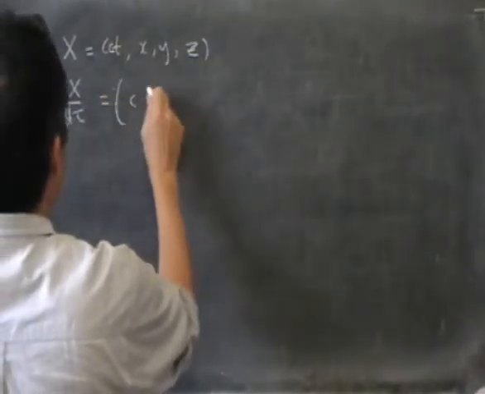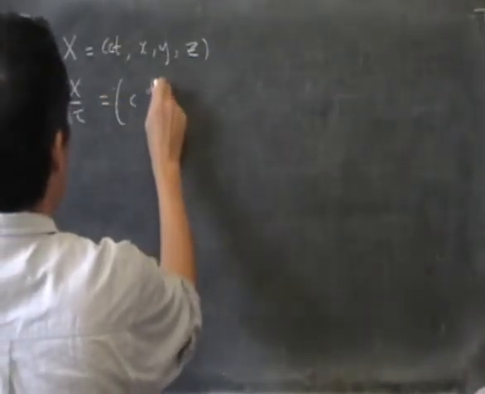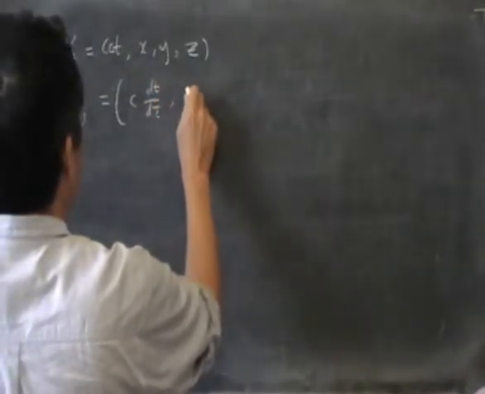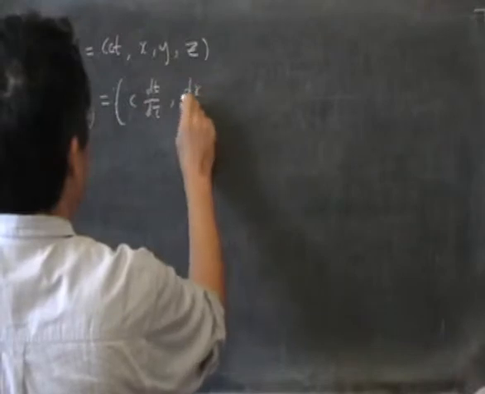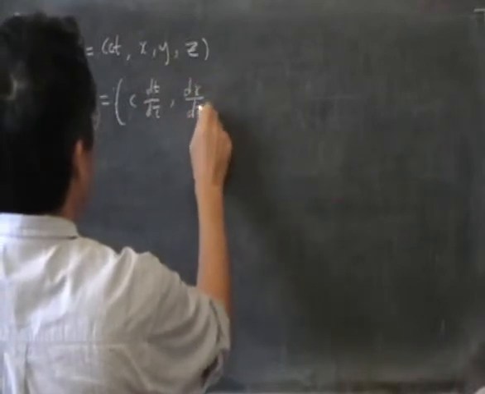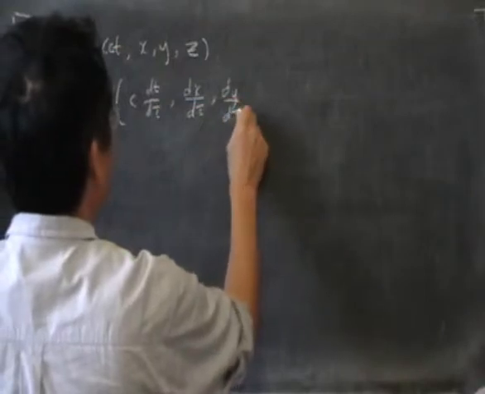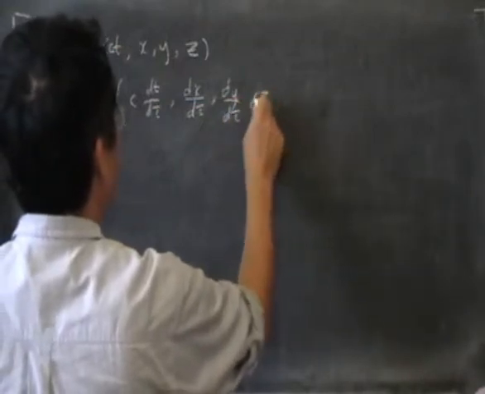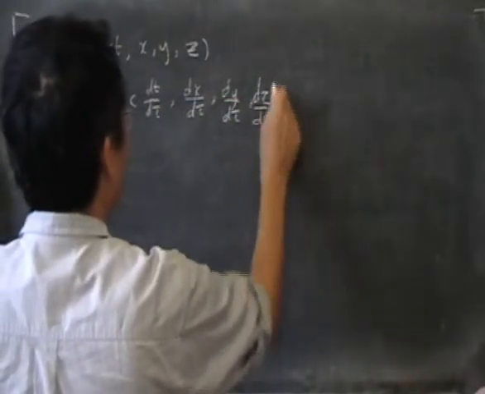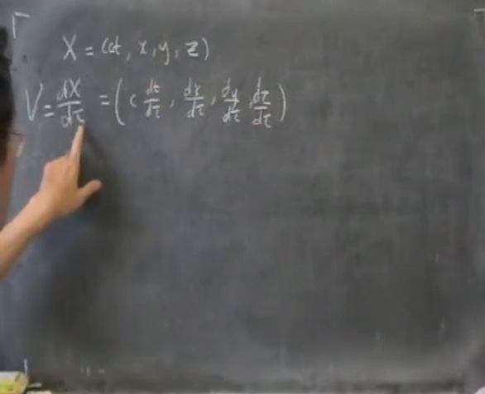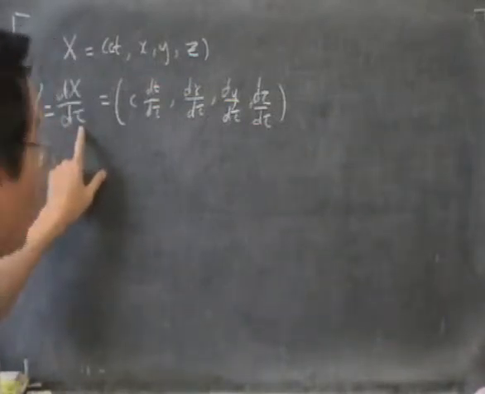If I write it out, I will differentiate each coordinate term by term. Now notice that for time, I've used the symbol tau.